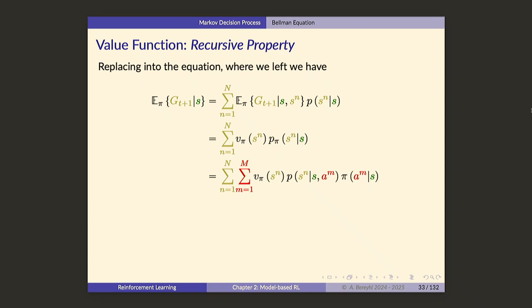So s bar is eventually S t plus 1, right? The state that I'm going to be in at time t plus 1. If I want to take the expectation of this guy, given that at time t I'm in state s, how can I write this down?